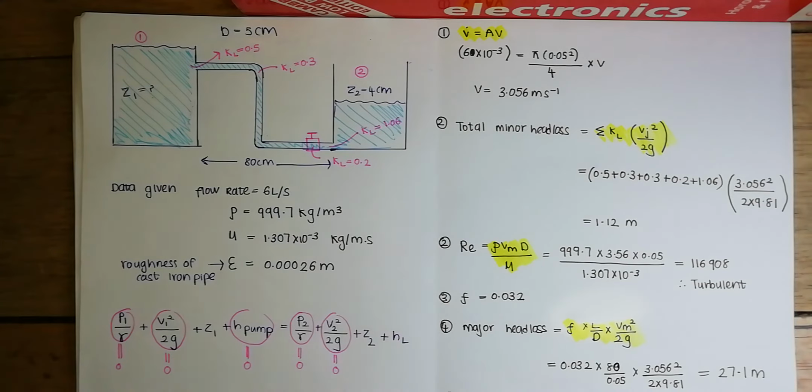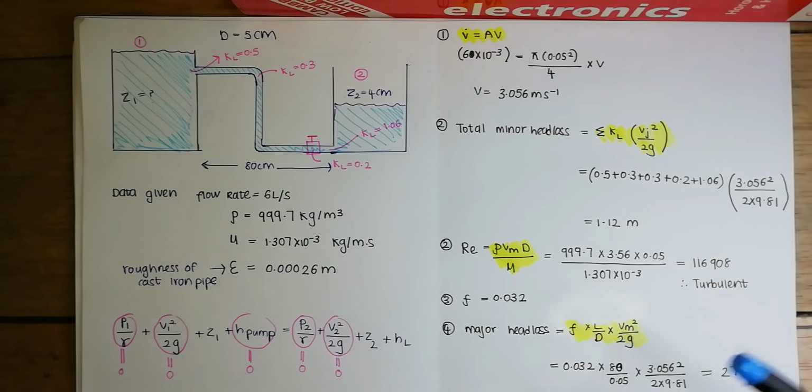I'll be applying this equation, which is rho times mean velocity times the diameter divided by mu. When I substitute in everything, I'm left with a Reynolds number of 116,908, which is greater than the range for turbulent, so therefore it's a turbulent flow.